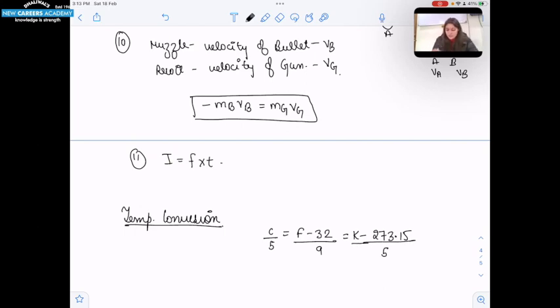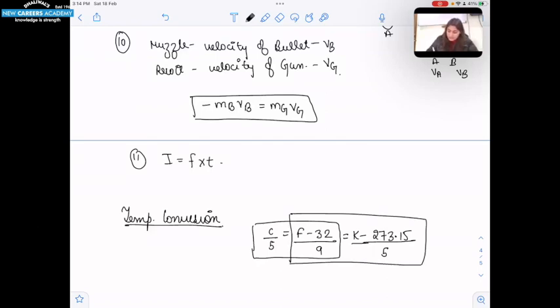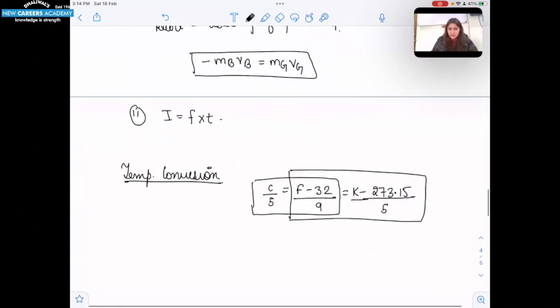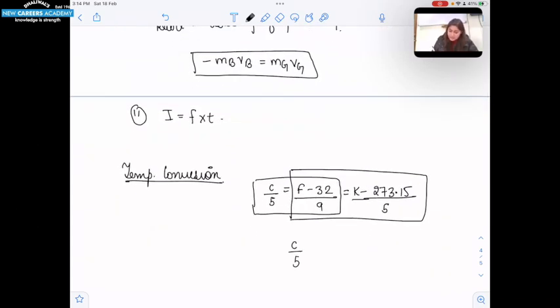If we want to convert Celsius into Fahrenheit or vice versa, we will use only these two. If we want to convert Fahrenheit into Kelvin, we'll take this. And for Celsius into Kelvin, C by 5 equals K minus 273.15 by 5.